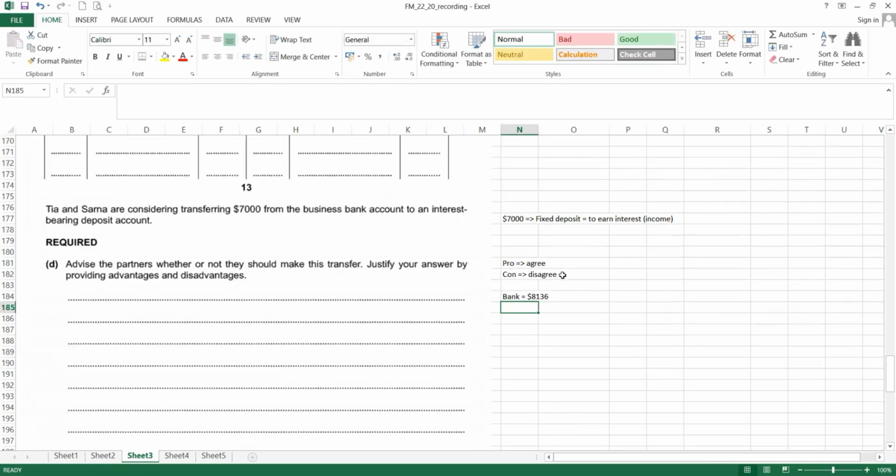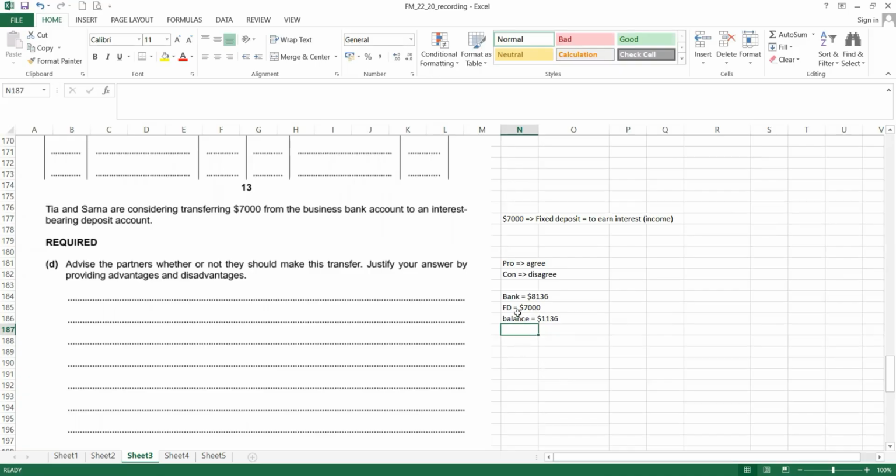They want to transfer FD amount 7,000. After that, balance. Give me a minute. Okay. Balance left with 1136. So left with this amount.